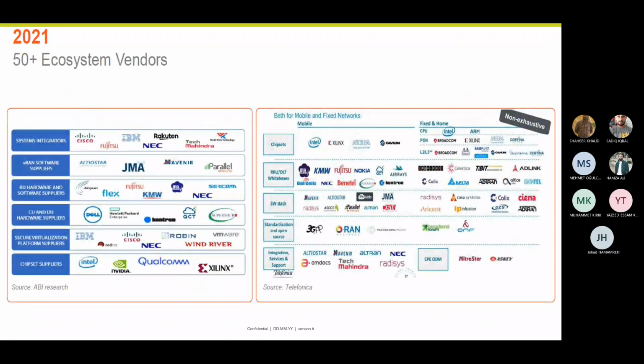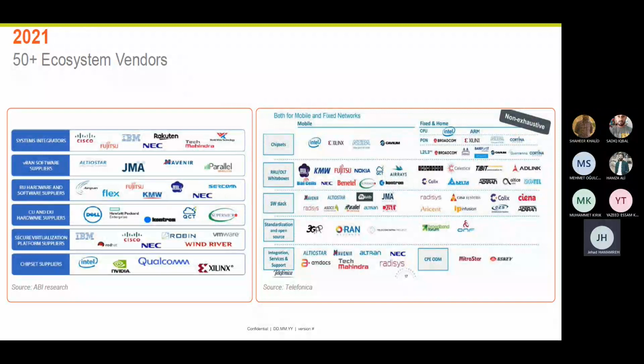Now, since the establishment of Open RAN, many companies jumped into this ecosystem and this business, trying to provide solutions, software, products, hardware, services, and integration: from system integrators to software suppliers, CU and DU hardware suppliers, security suppliers, virtualization environment suppliers, and chipset suppliers.